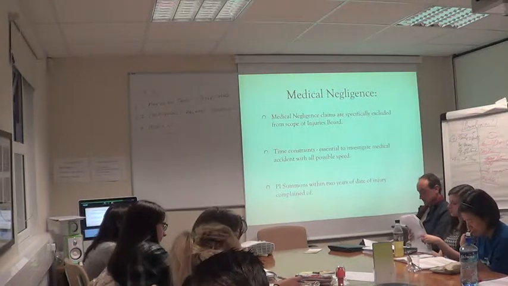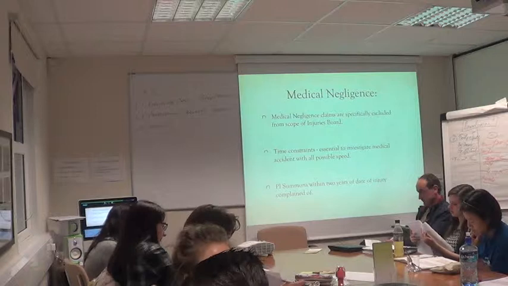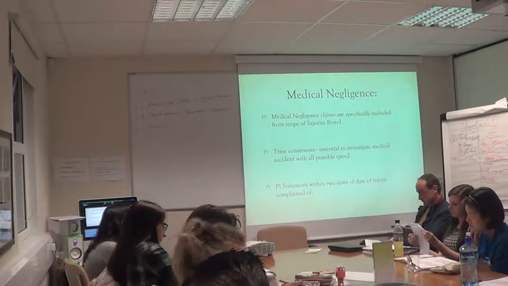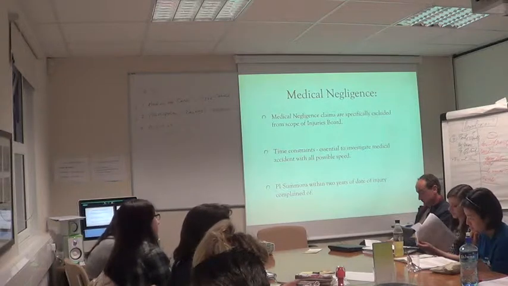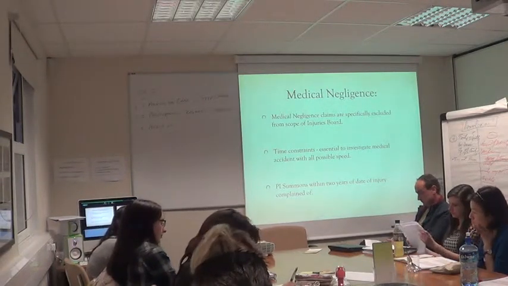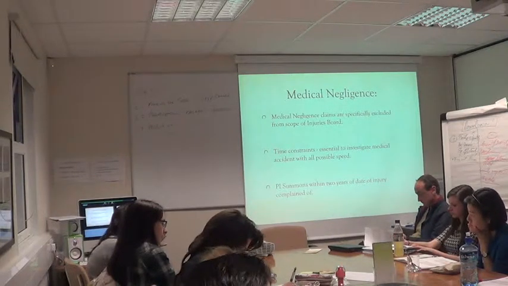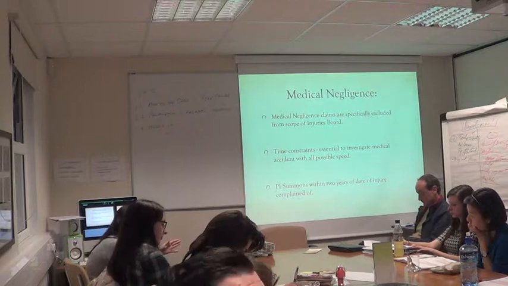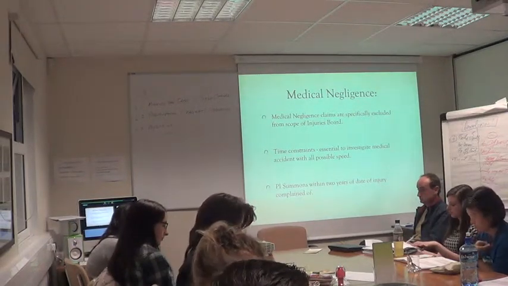So the personal injury summons must be served within 2 years of the date of the cause of action, okay, or 2 years of knowledge of the cause of action, okay, and particularly with medical negligence actions, you could very well have a space of time in between when the action occurred and when the patient had knowledge of it, okay.